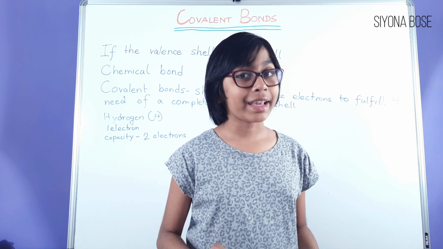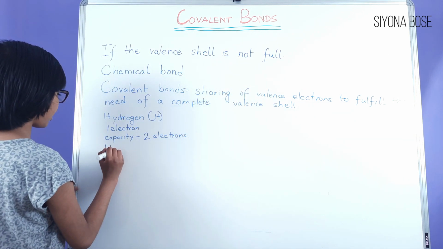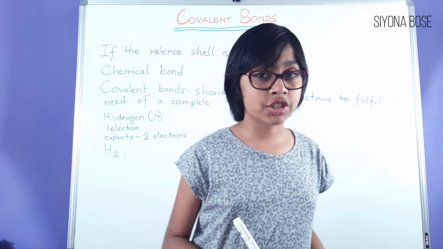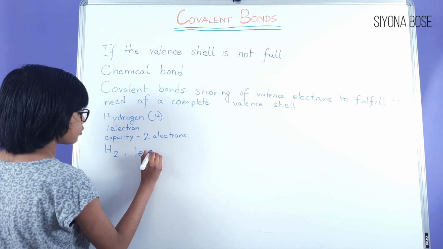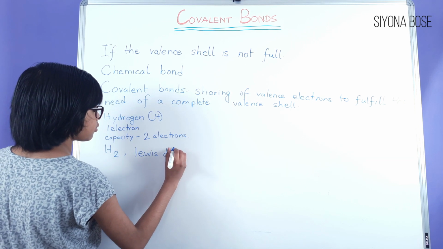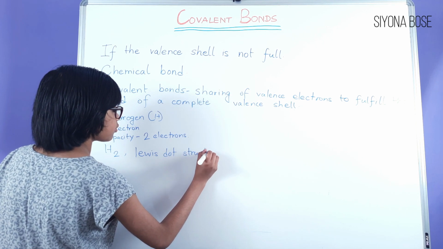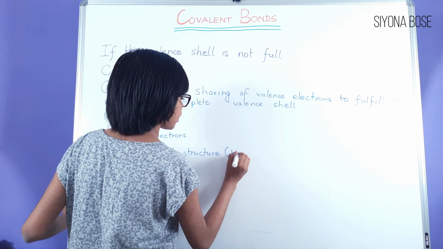Now there are different ways we can represent hydrogen. Firstly, the simple formula H2. Then we have the Lewis dot structure, like this.